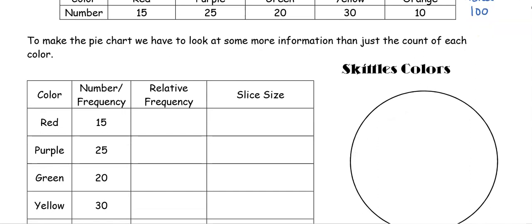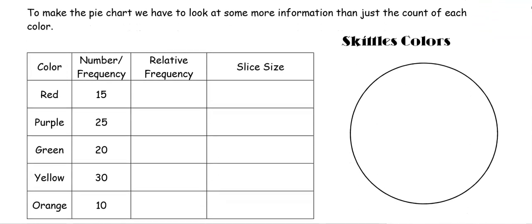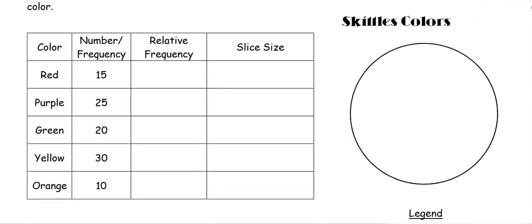So if I want to calculate the relative frequency, we see that we have 15 red. So there's 15 out of 100, which gives us 0.15. Now, how that relates to our pie graph, our circle here, we are going to take 15% of the circle.